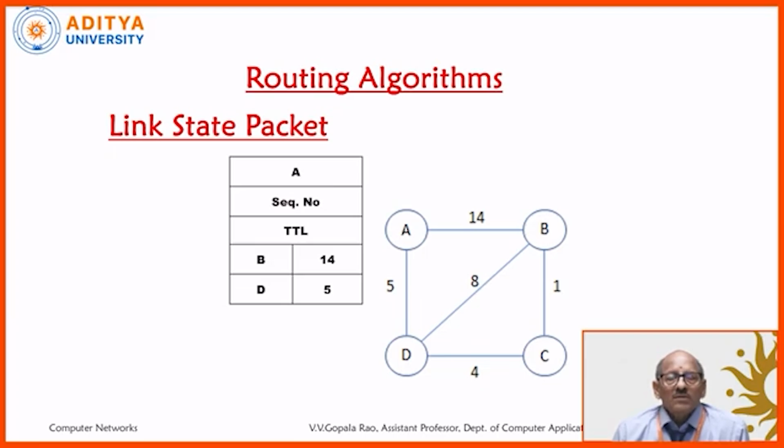Before actually deciding about the shortest distance, every router is going to send a hello packet, which is also called a link state packet. It carries some fields: the name of the node, the sequence number, and TTL, which is one more field, meaning time to live.